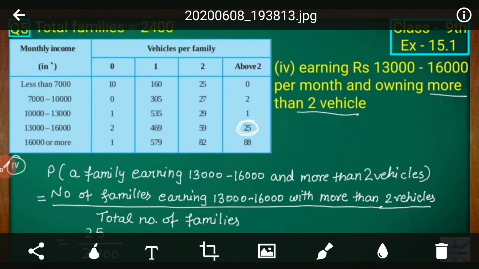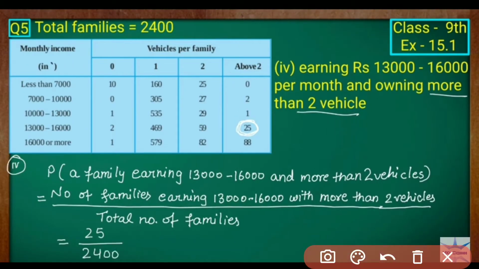Let's check condition number 4: earning rupees 13,000 to 16,000 per month and more than two vehicles. More than two vehicles is the number 25. So a family earning 13,000 to 16,000 with more than two vehicles is 25 upon 2400.